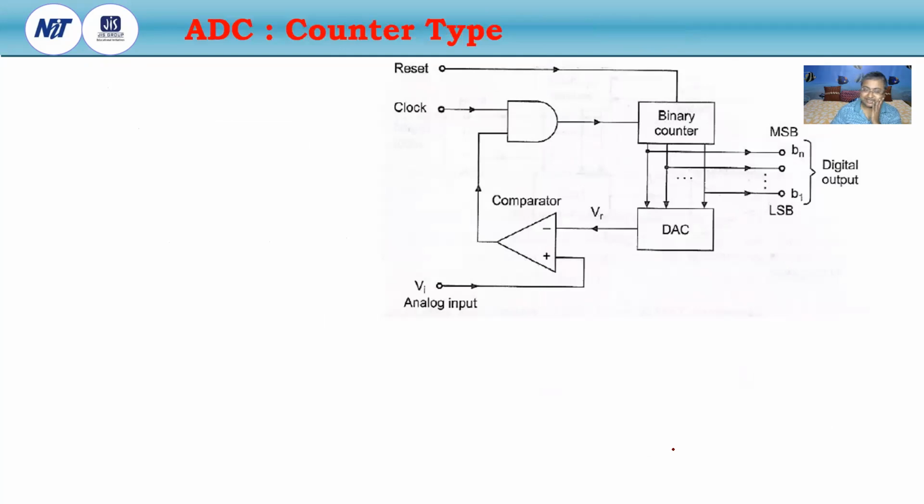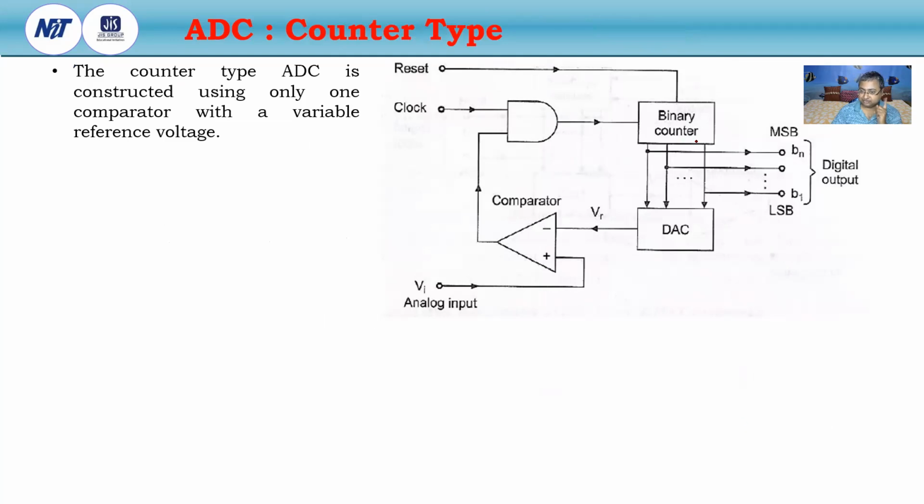Now come to the third type of ADC, that is called the counter type ADC. Here we use only a single comparator, a binary counter and a DAC. A binary counter is nothing but a counter which counts the clock pulses.